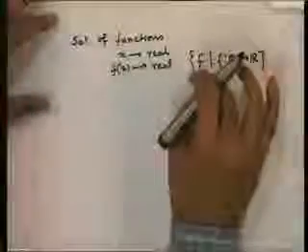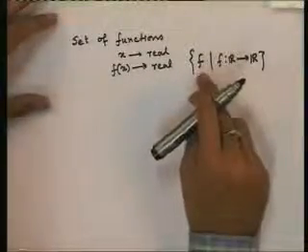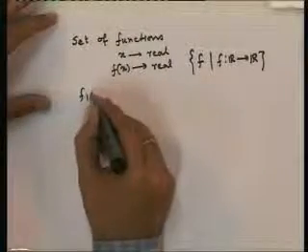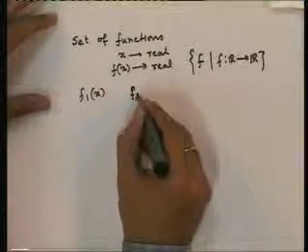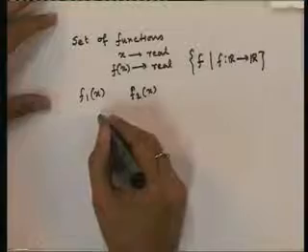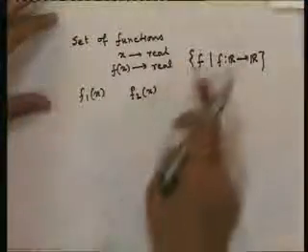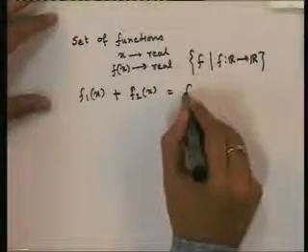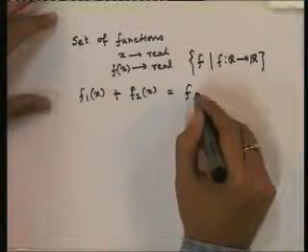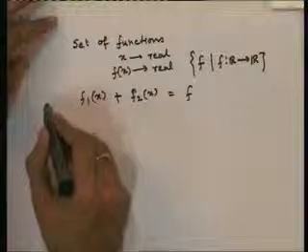Now what should we have in a vector space? We should have addition of vectors. So the vectors here are functions. Now if you have two functions, f1(x) and f2(x), their addition is also a function. So it is a vector in this vector space. So how do you do the addition? It is defined as f1 plus f2.